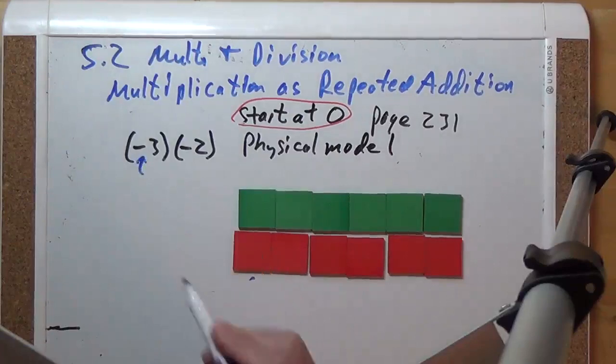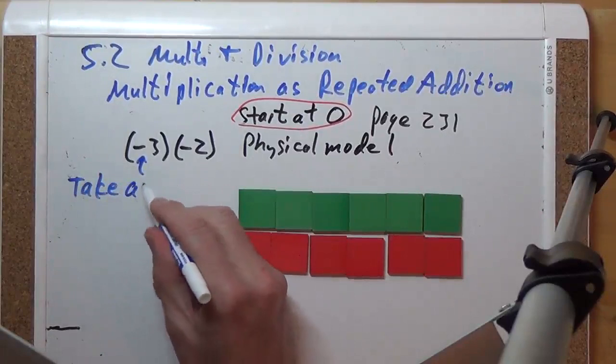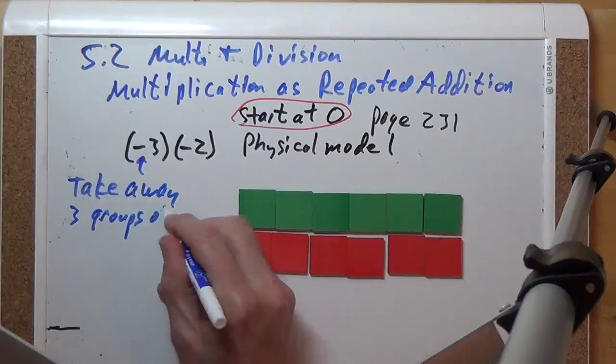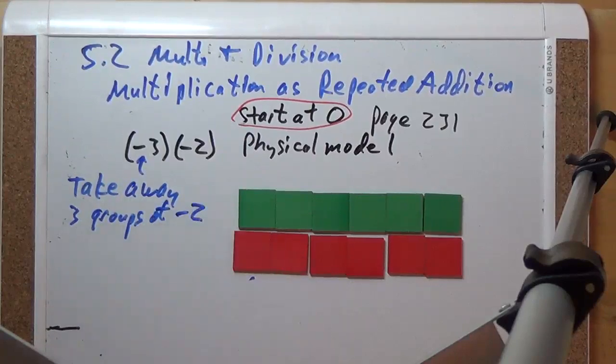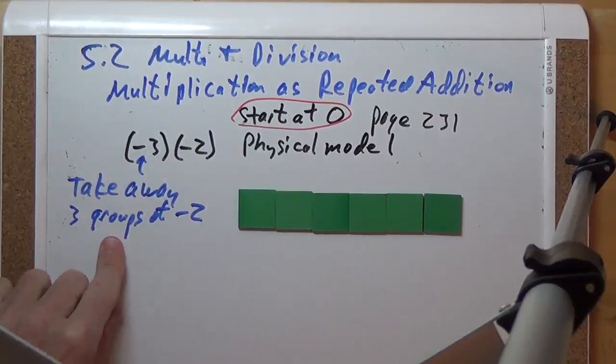This minus sign now says take away 3 groups of negative 2. So now I'm going to take away 3 groups of negative 2. There's 1, 2, 3, and look what we did. We ended up with positive 6. There was no poof, poof, swish, magic in there, just a different interpretation of what that's telling us.